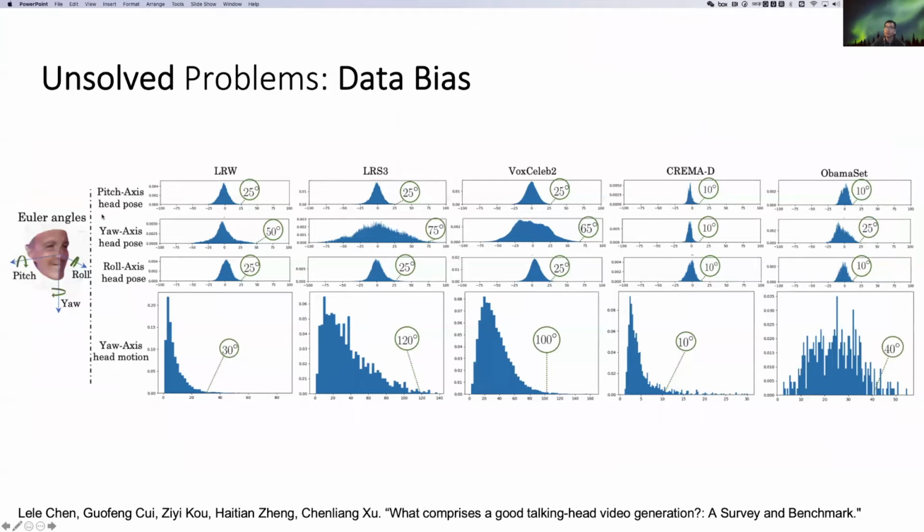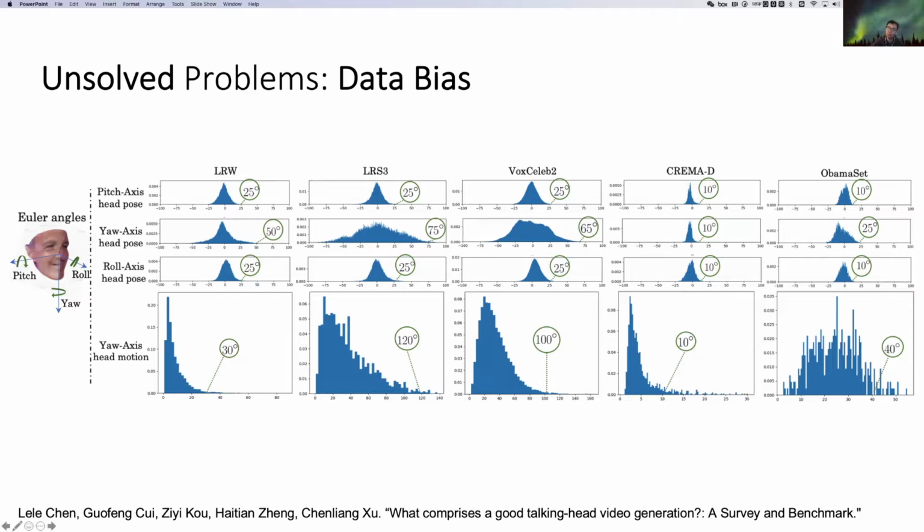Okay. The next unsolved problem is the data bias problem. Currently, most of the approaches are data-driven, and there is one problem that is being ignored by other researchers, which is data bias. For example, I studied the head pose distribution of different public data sets.